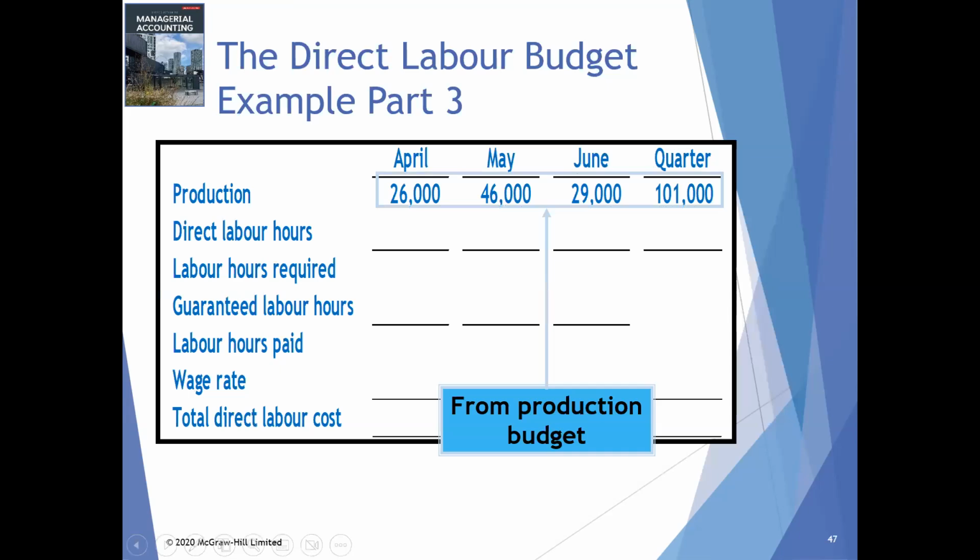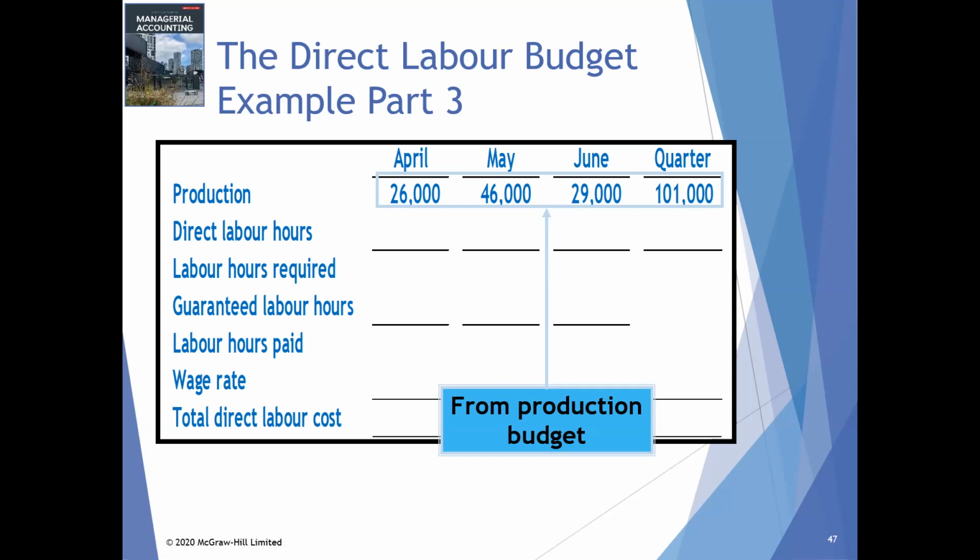So we know that 26,000, 46,000, and 29,000 are the three months of units that the production is required and estimated. So direct labor hours, we know how to calculate the direct labor hours.